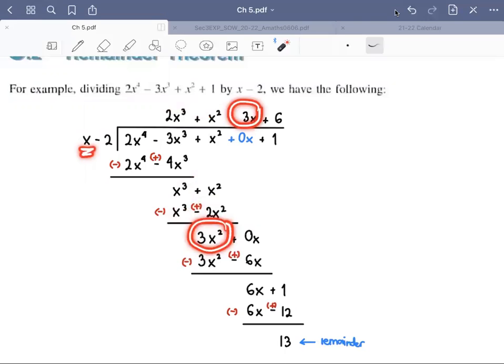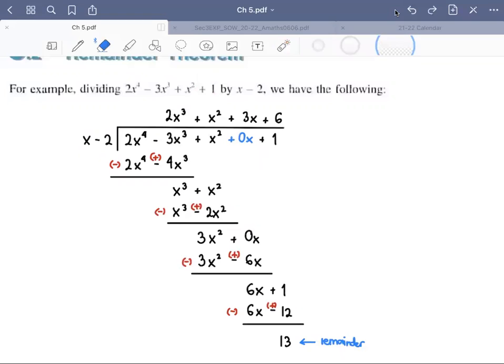3x. And then take note, class, that in my question, I don't have x terms, right? I do not have x terms here. I don't have just x. So what I did here, I put here a placeholder for x. I put plus 0x. Okay, so this is just a placeholder, just to leave an empty space.